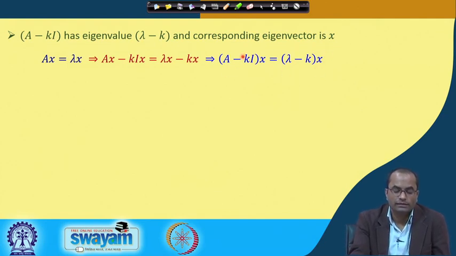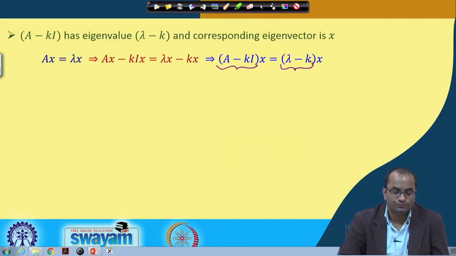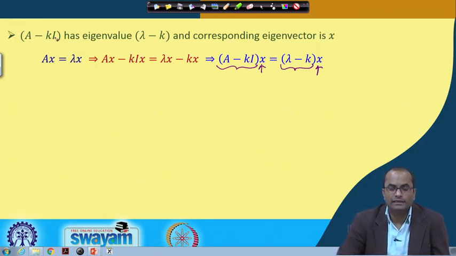This relation tells us that A - kI has the eigenvalue lambda - k, with the same eigenvector x as before. So, this is another result: if we have this new matrix A - kI, then we know its eigenvalues from the eigenvalues of A.